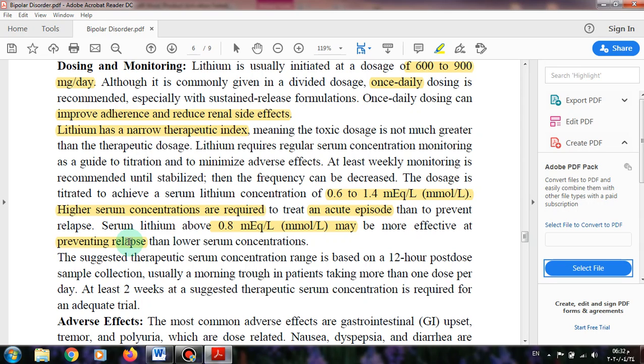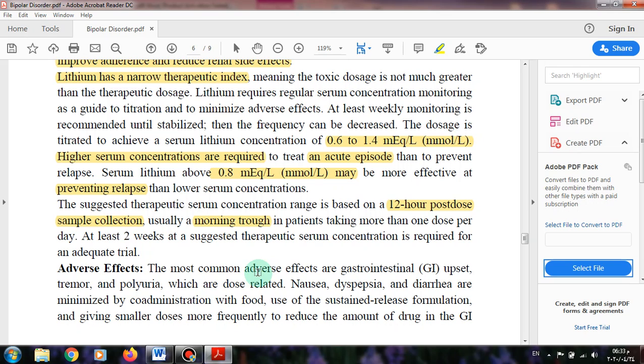So here the purpose of therapeutic drug monitoring is that I study the TDM, or calculate the dose using pharmacokinetic equations or nomogram methods, depending on the serum concentration to overcome the toxicity associated with a drug that has a narrow therapeutic index. Of course, the serum concentration should be based on a 12-hour post-dose sample collection, usually a morning trough.